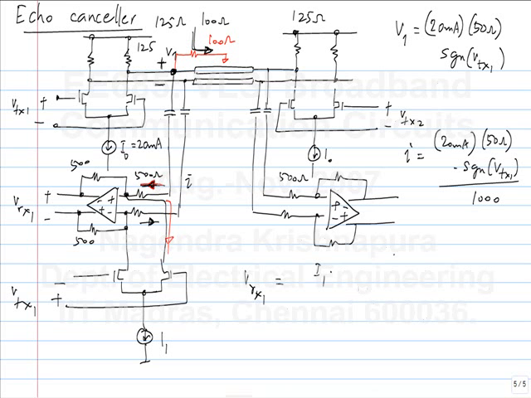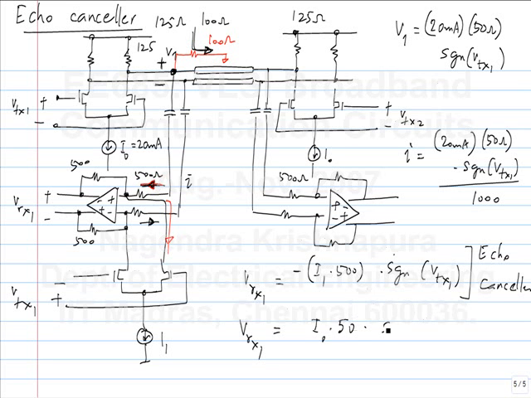So it's I1 times 500, right? VRX1 because of the echo canceller, actually this is minus. And VRX1 because of the transmitter is I0 times 50 times sine of VTX1. And I want this to cancel this exactly. So I'll make I1 equal to I0 by 10.